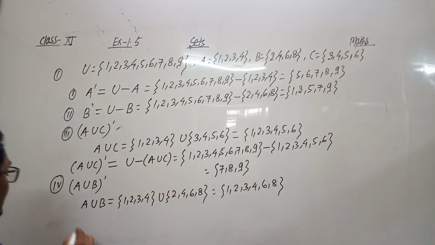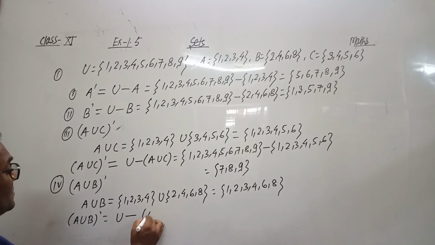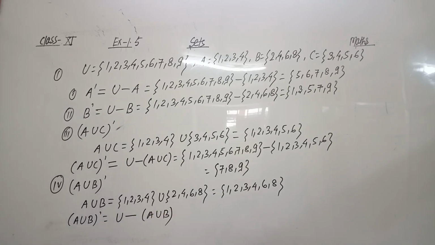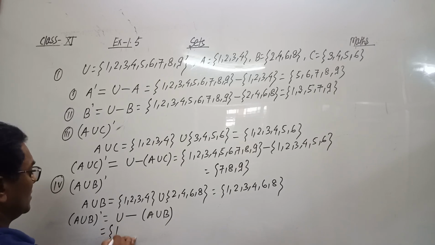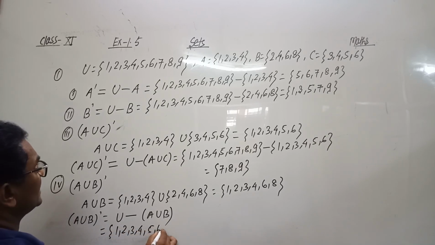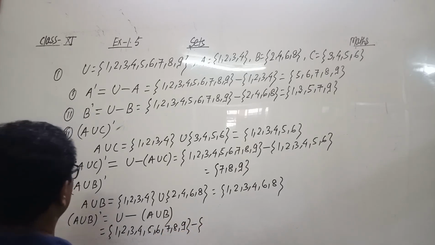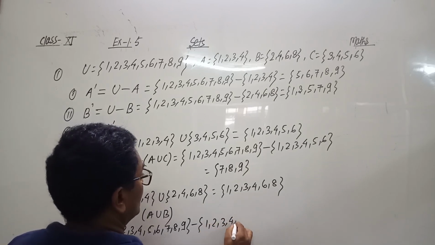Then for finding A union B dash, we use the formula universal set minus A union B. U minus A union B, where U is the universal set. Now put the value of universal set 1, 2, 3, 4, 5, 6, 7, 8, 9 minus the value of A union B 1, 2, 3, 4, 6 and 8.